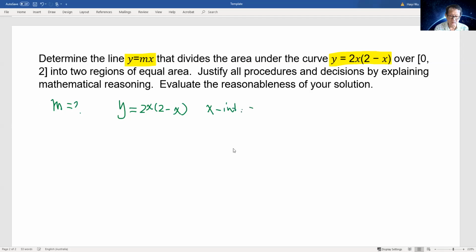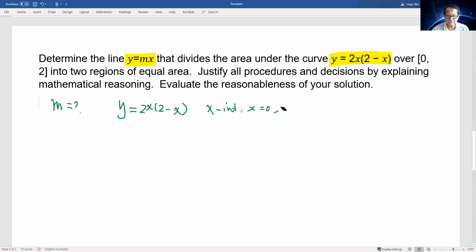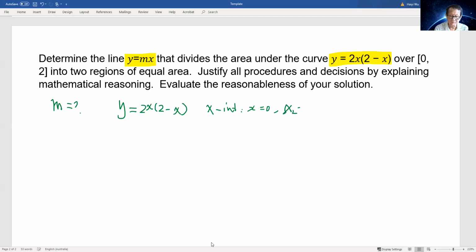So the x-intercepts will be x equals 0, and the other x equals 2. So x1 is 0, and x2 is 2. So we've got the x-intercepts.